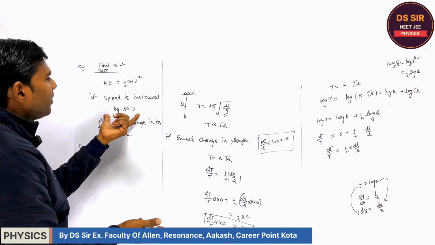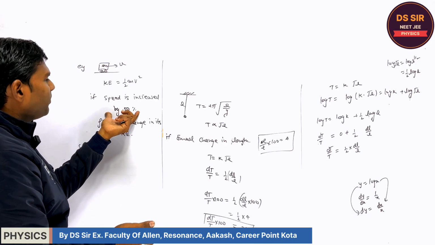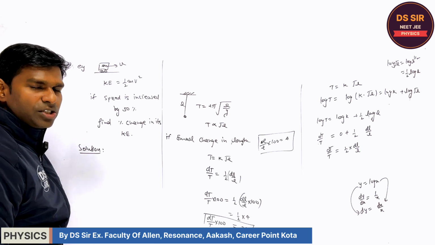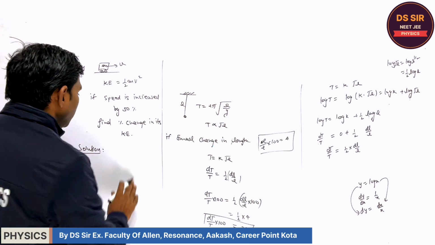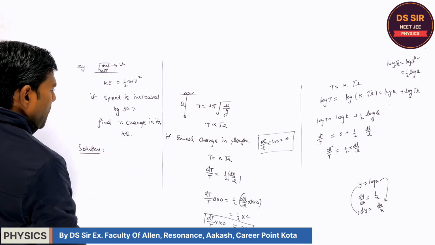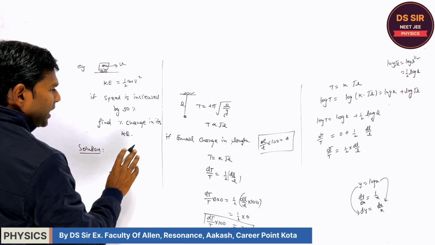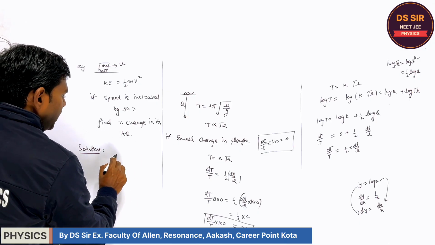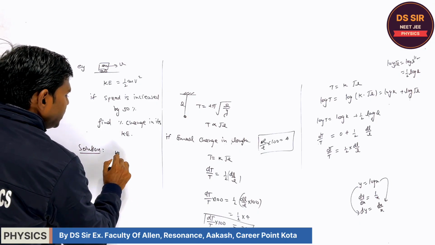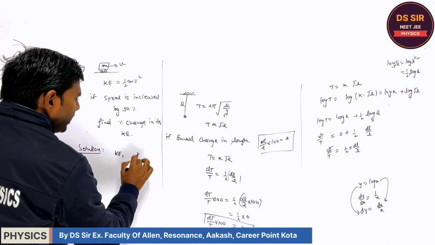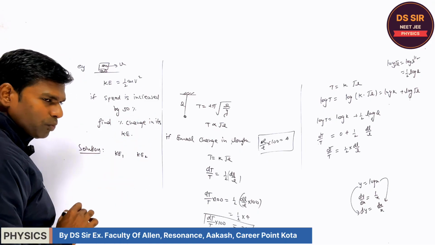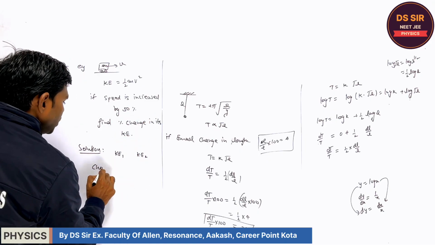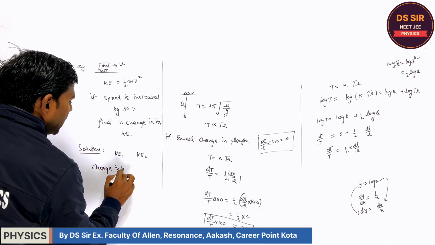So if the speed change is 50%, what is the change in its kinetic energy, you tell? Right? For example, listen one thing. How to find the change in kinetic energy? If initial kinetic energy is KE1 and final kinetic energy is KE2, what is the change in kinetic energy? Tell me.